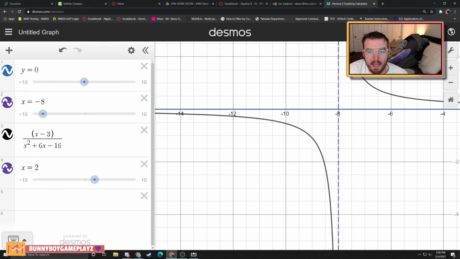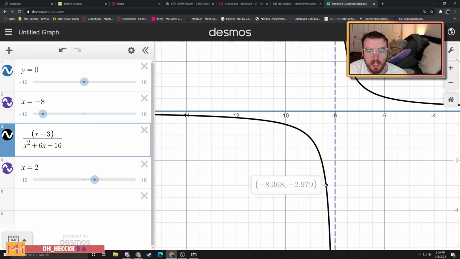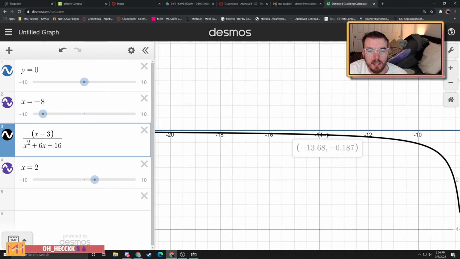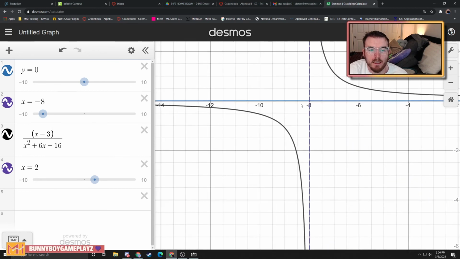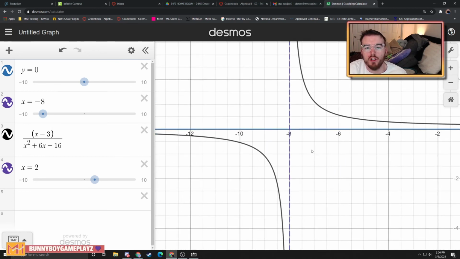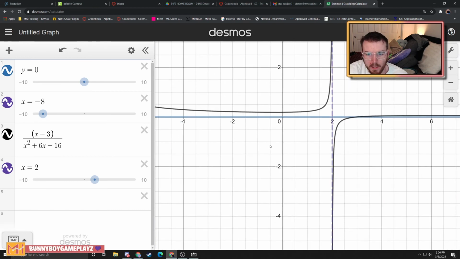Well, when x is less than negative 8, right? As I decrease the x value, negative 10, negative 12, negative 14, my function continues to be below the blue line. So for anything less than negative 8, the function is less than 0.